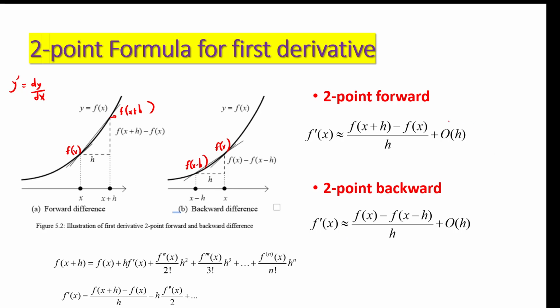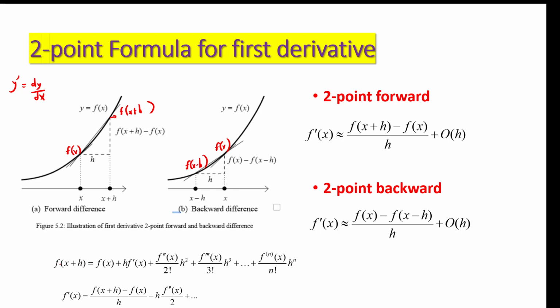How do we obtain the order h? For the 2-point forward formula, besides using figure A, where you derive it using geometry and the concept of the slope, we can also obtain the first derivative for 2-point forward or backward using Taylor series expansion.